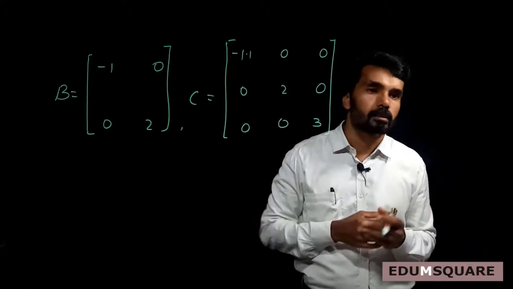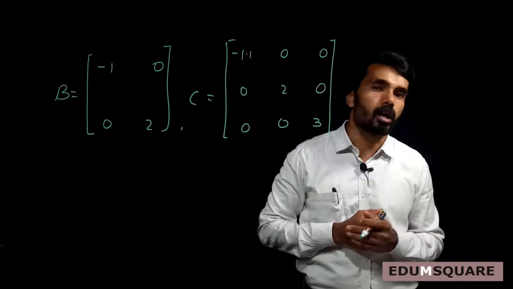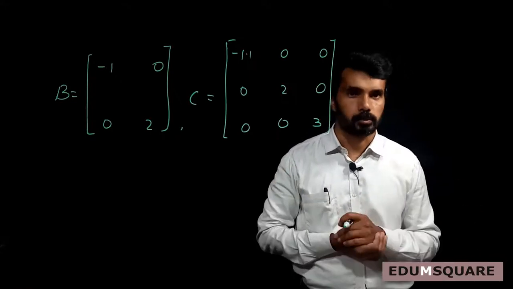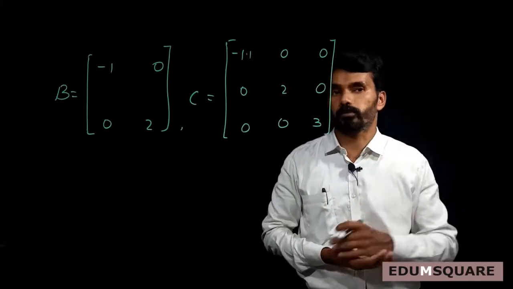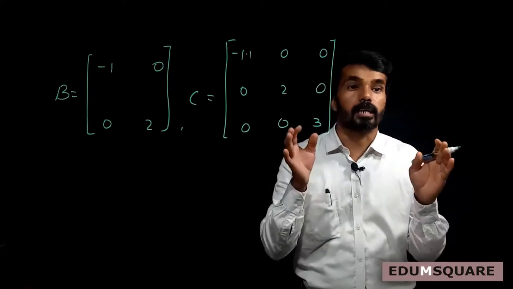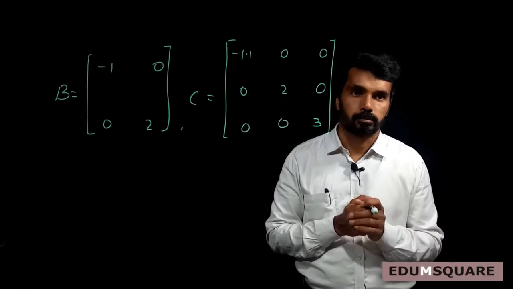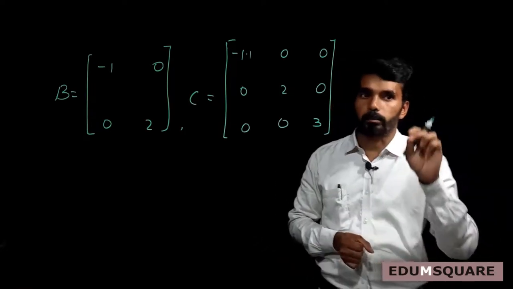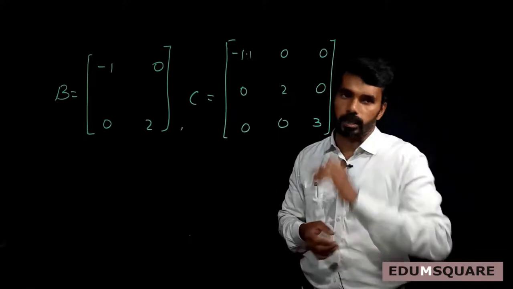What about here? All the non-diagonal elements are 0. So this type of matrices are called a diagonal matrix. So a diagonal matrix must be a square matrix.